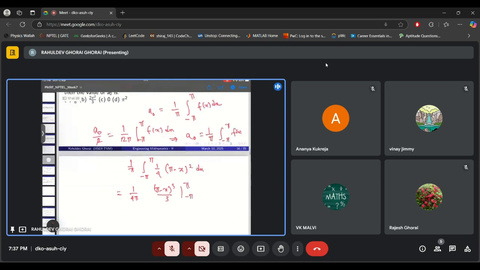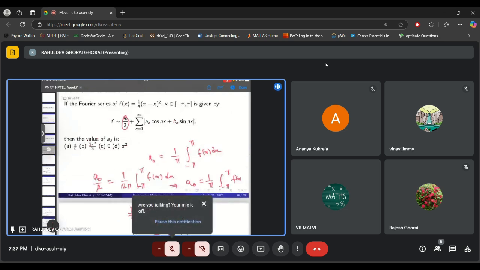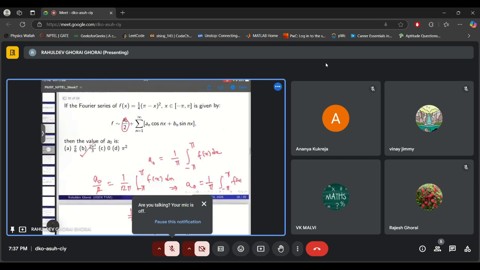At pi it will be 0 when evaluated, and at minus pi it will be 2 pi cube. So 8 pi cube over 4 pi times 3, so 2 pi square over 3. So a naught is 2 pi square over 3.